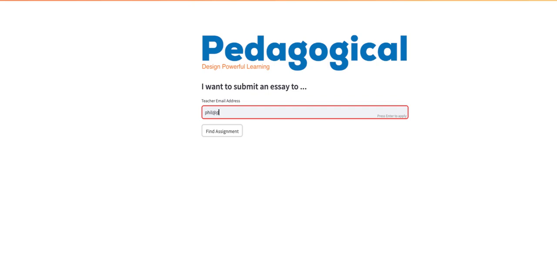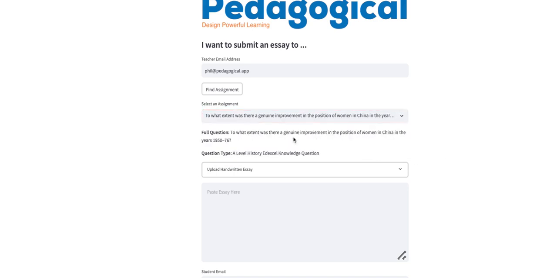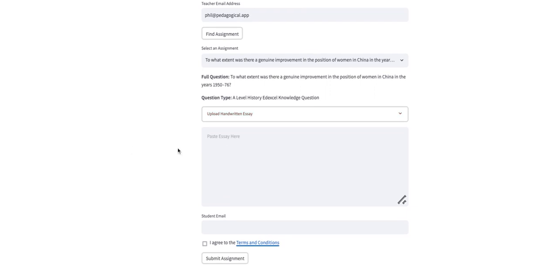So first, the student types in their teacher email. Okay, so I've made 4 assignments, and this is the one that the student needs to choose because that's the essay that they've been set. So, to what extent was there gender improvement in the position of women in China?